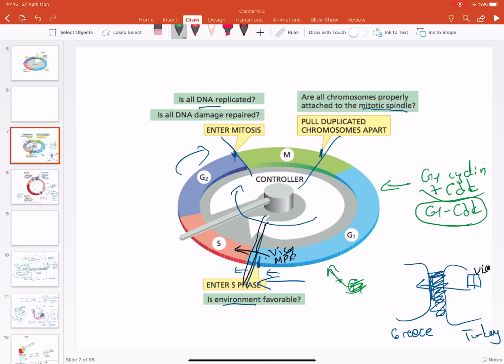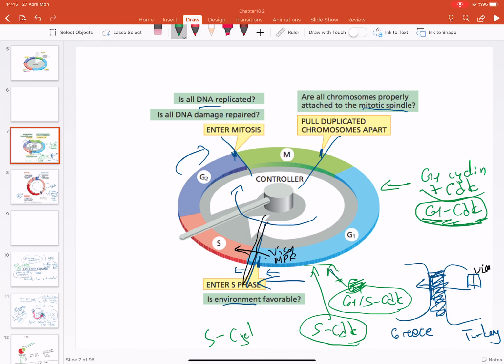When you see G1 CDK, it's actually a combination of cyclin and CDK. Here you see the activity of G1/S CDK. So this is the passage of G1 to S. And right after G1/S CDK, you're going to see the activity of S CDK. Of course, by S CDK, we mean S cyclin plus CDK. They are the same thing.